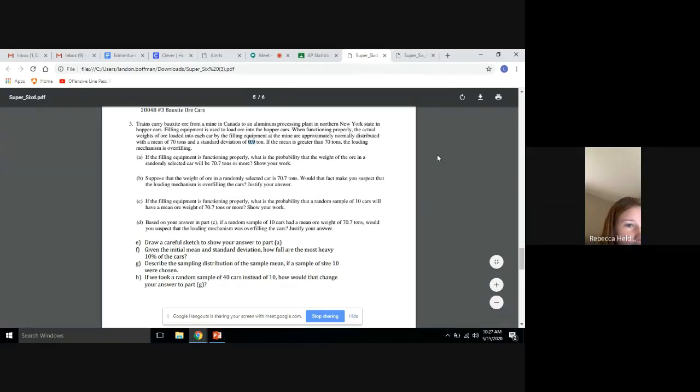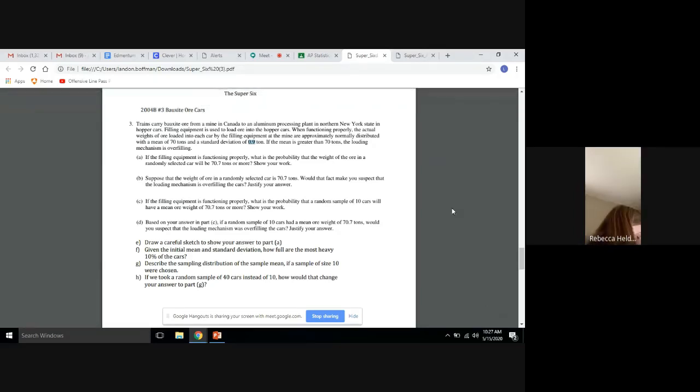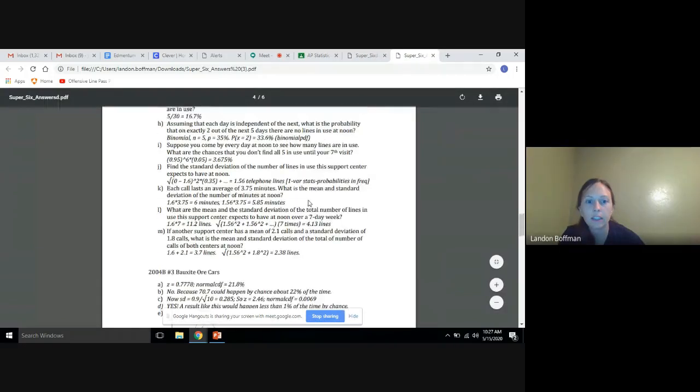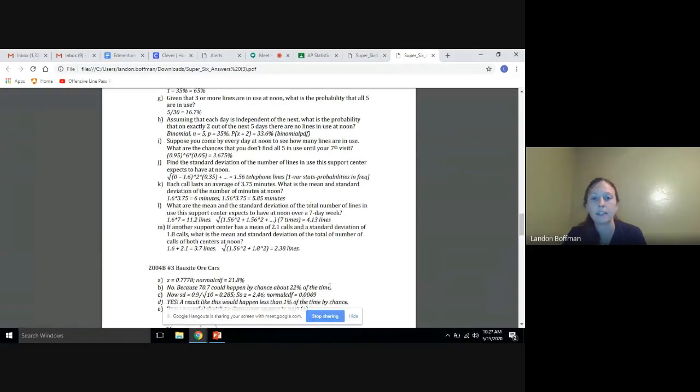Yeah, I did that, and I got the new standard deviation to be 0.285, and then I plugged that into the calculator using normal CDF. I said 70.7 is the lower bound, and then infinity as the upper bound, 70 as the mean, and 0.285 as the standard deviation, and got 0.007. That sounds right to me. Yeah, if you rounded it. That's perfect. Does that make sense?